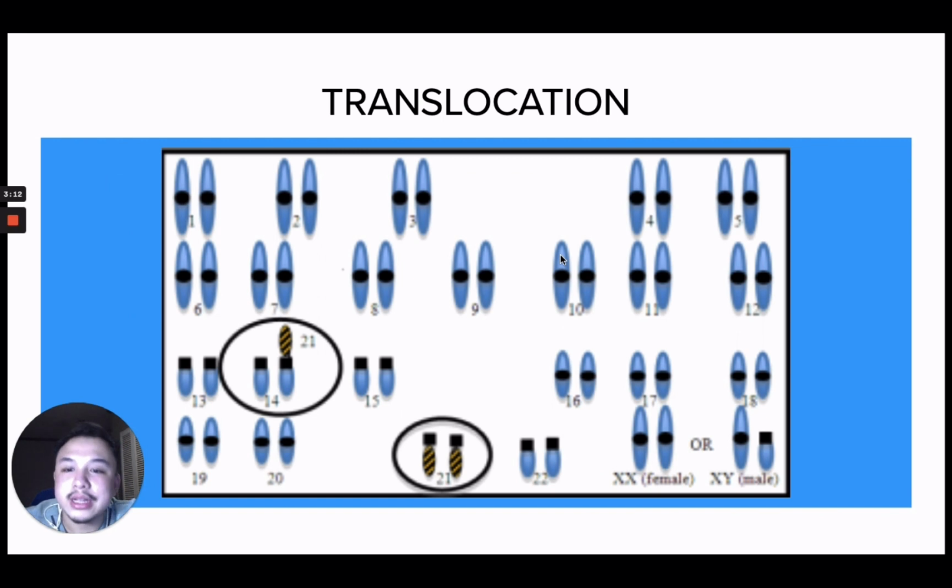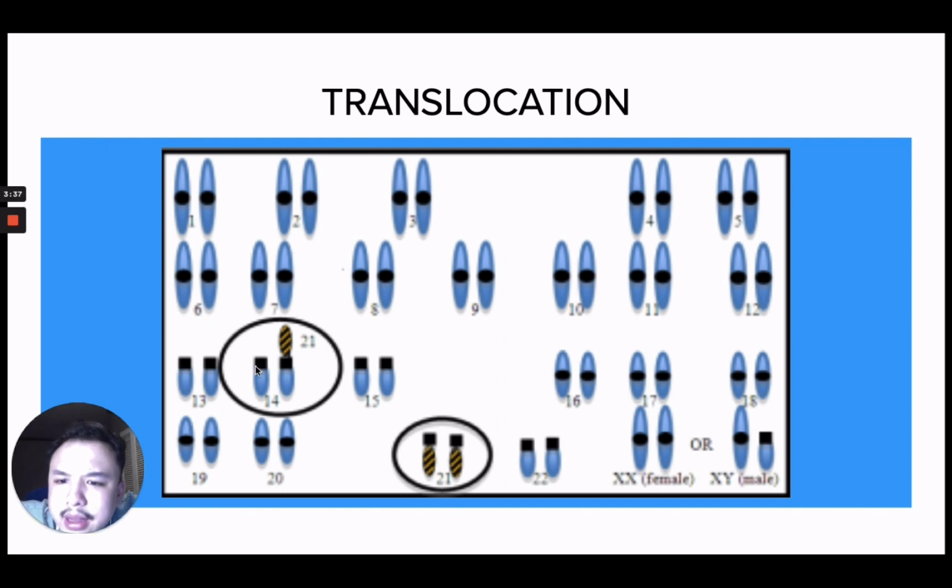Second would be translocation. Now, translocation occurs when this happens within the picture, and another description would be provided. Coming from the word translocation, it means that an extra chromosome or a part of the chromosome from chromosome 21 rather transfers or locates itself at another location, right?